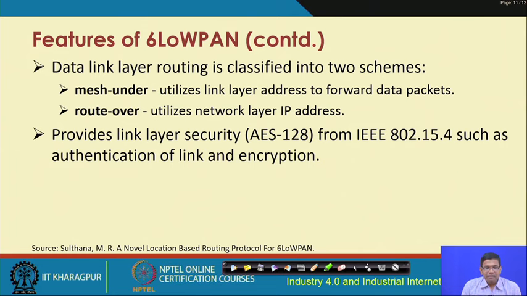So in the data link layer, routing is classified into two schemes. One is the mesh under, which utilizes the link layer addresses to forward data packets, and the other one is the route over.